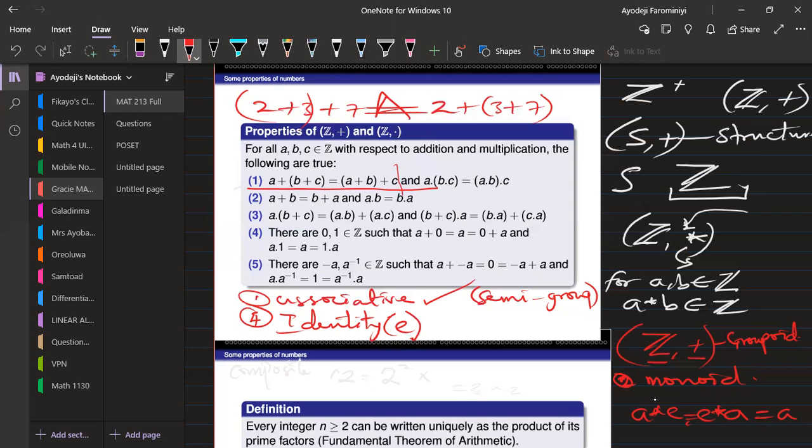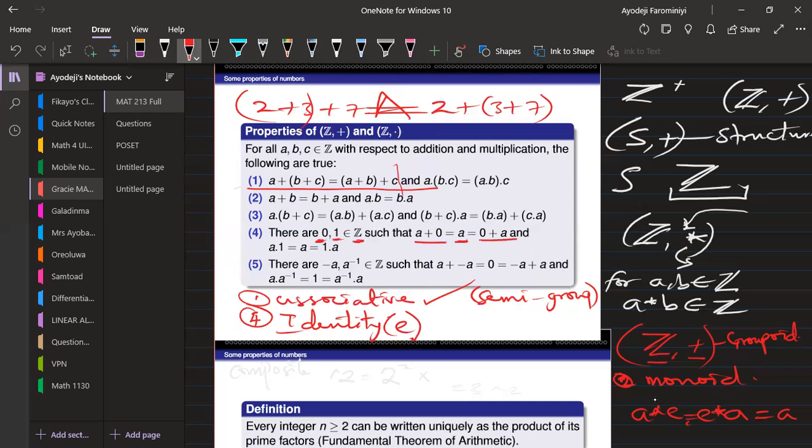Any problem with that? No, sir. But 0 is not the identity element of integers when we are talking about multiplication, because 0 times a particular number is not going to give us that number. So it is stated here, there are 0, 1 in integers, such that a plus 0 equals 0 plus a equals a.